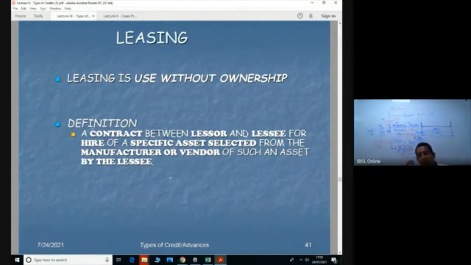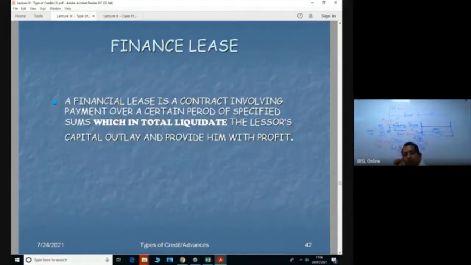There also we allow the customer to use the vehicle or asset over a period of time while they pay. The difference is when the customer pays 75% of the rentals, absolute ownership goes out. Then it becomes like a mortgage, right, in hire purchase. That is this.